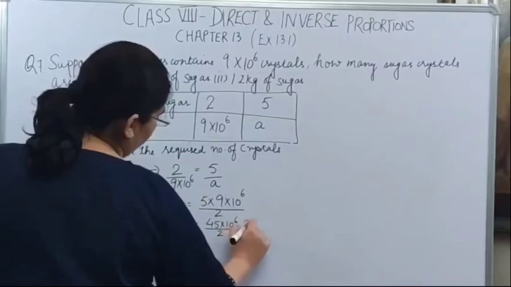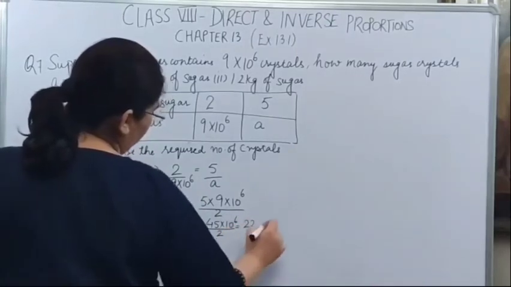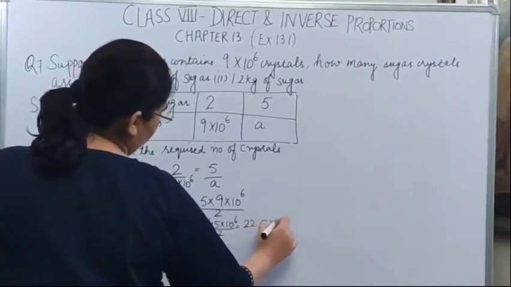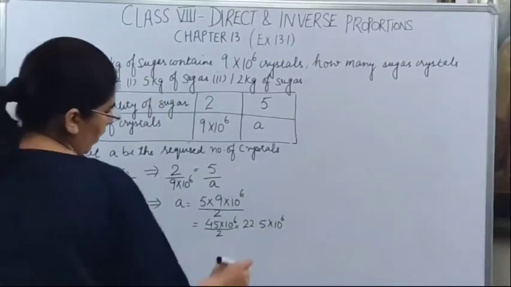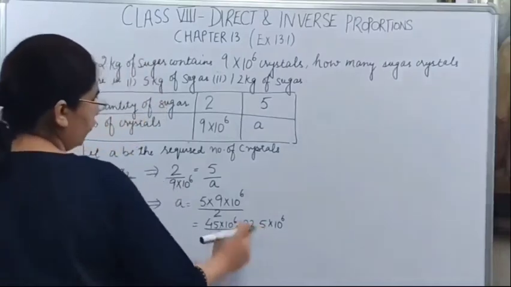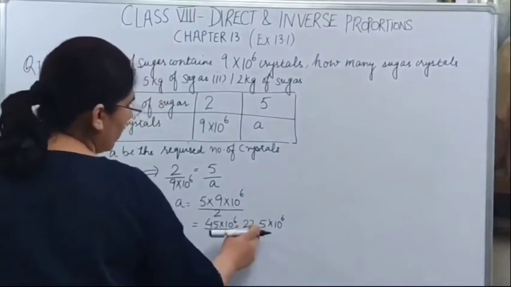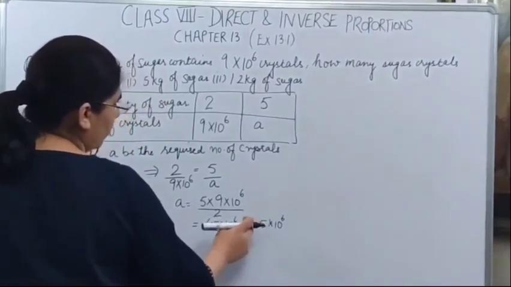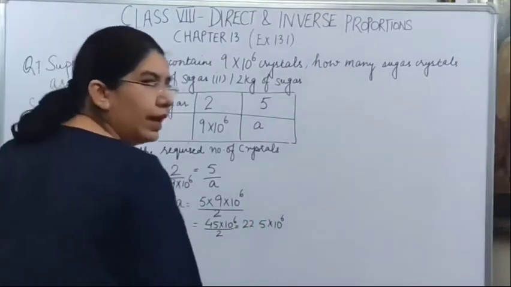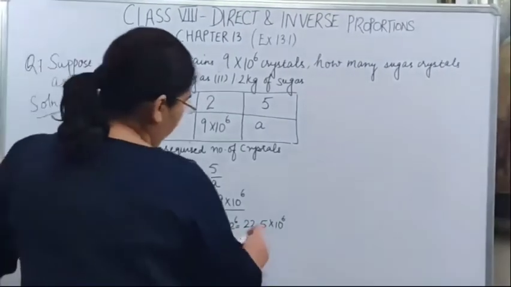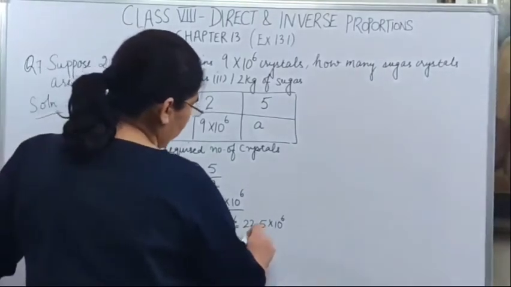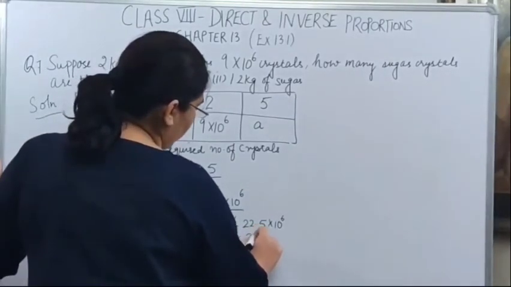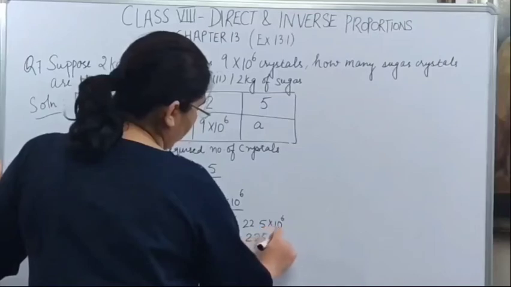This becomes 22.5 into 10 to the power 6. Can I write it like this? And if I have to shift the decimal point to the left-hand side and write it in standard form, what I will do? I will multiply it by 10. So, this will be 2.25 into 10 to the power 7.